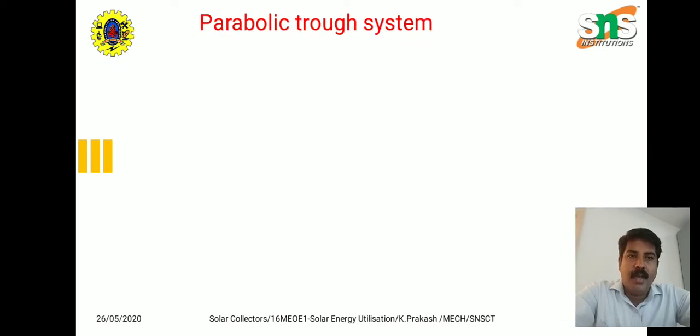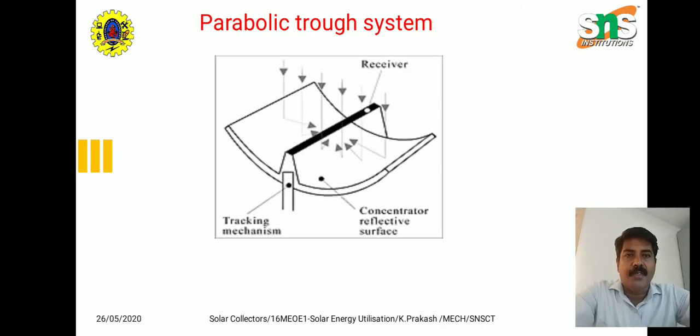Coming to the next type, the parabolic trough system. From the shape we can tell that it is trough-like, and you can see here that there is a receiver. The receiver is in the central part, which is a blackened surface, with a tracking mechanism and a reflective surface.